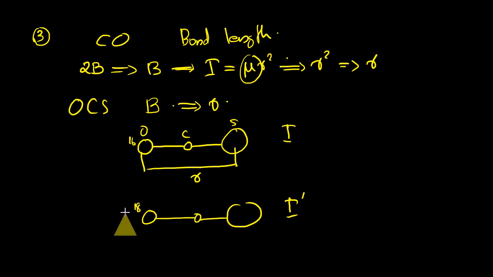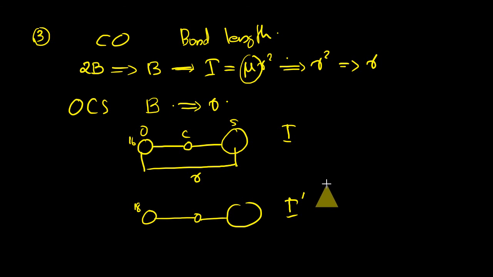What we can do here is make an isotopic substitution and measure the microwave spectrum of both samples, and from the data obtained from both samples we can calculate the individual bond lengths present in these molecules. So that is the third point that you have to remember.